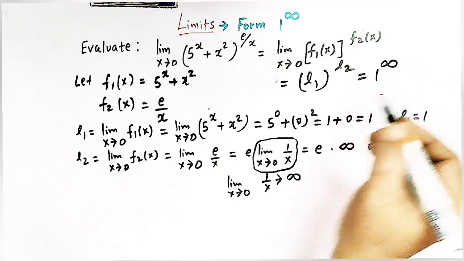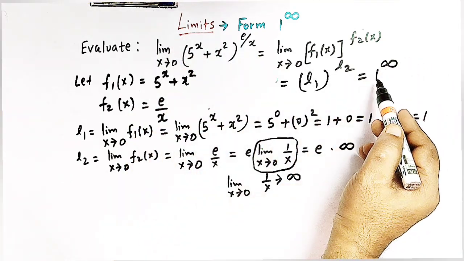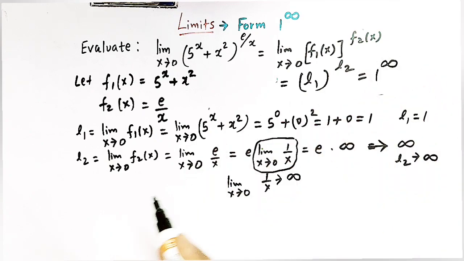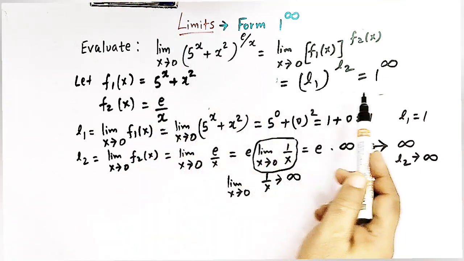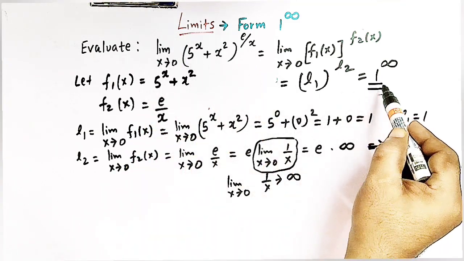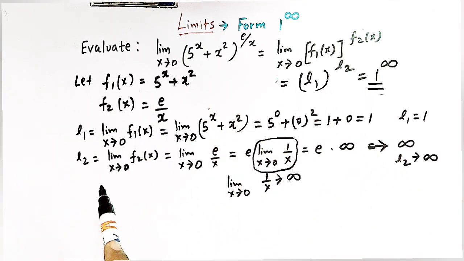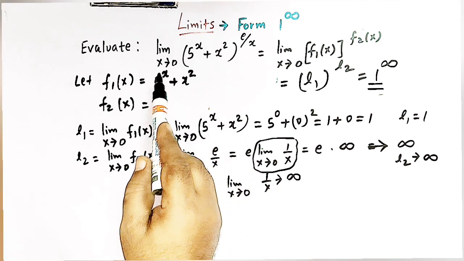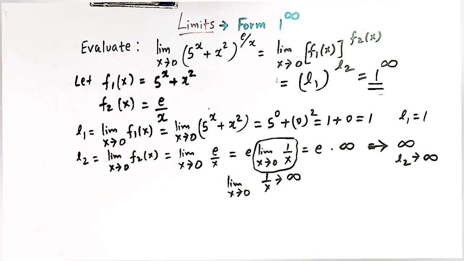So this limit is of the form 1 raised to infinity. Here in this session we'll see how we can solve these types of limits. We'll directly make use of an important result which gives us the value of this limit.